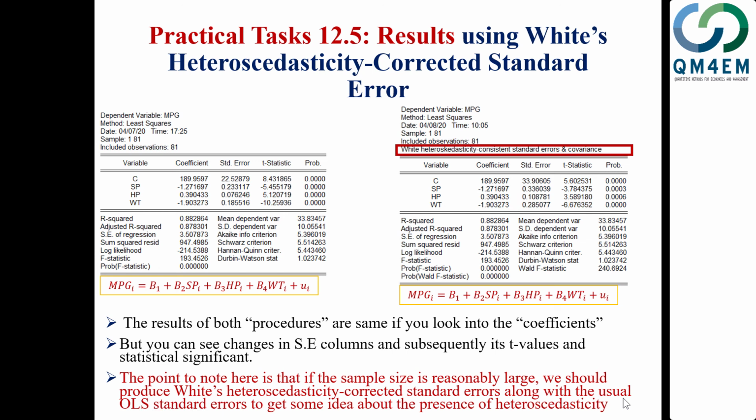To sum it up, when you are running a regression model, it's always good to check for heteroscedasticity, and you can do that by trying the White heteroscedasticity-corrected standard errors. But obviously this holds true when you have a reasonably large sample size. So that was the final method of fixing the heteroscedasticity problem.